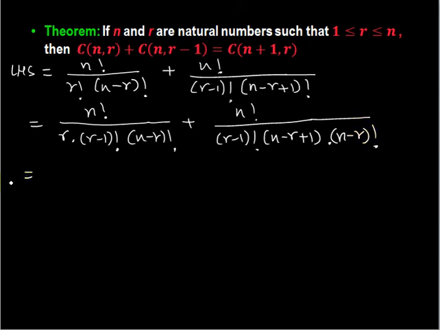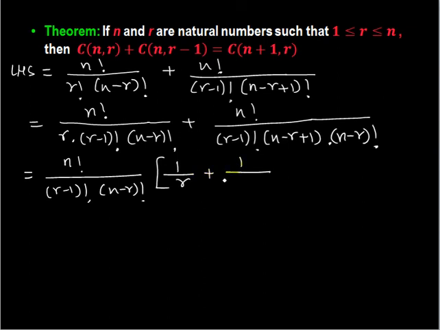So now we have more scope for taking terms common. We can take n factorial common. We can take r minus 1 factorial common. We can also take n minus r factorial common. And the leftover terms, in the first part we are left with 1 over r. In the second part we are left with 1 over n minus r plus 1.